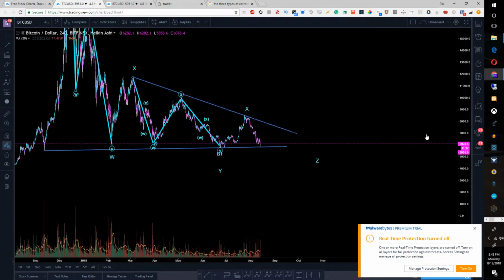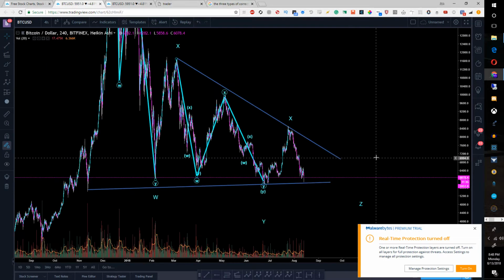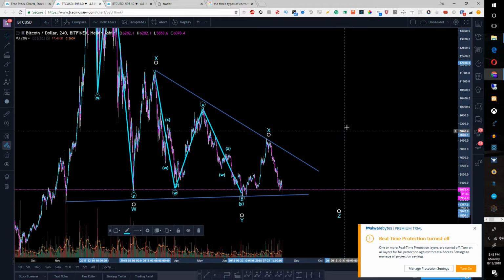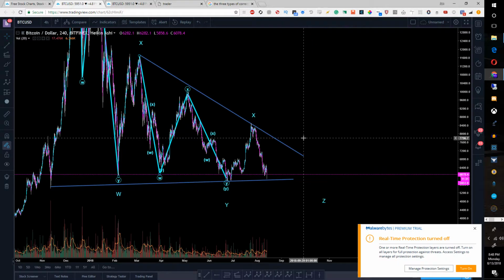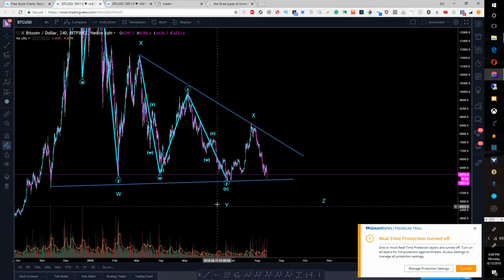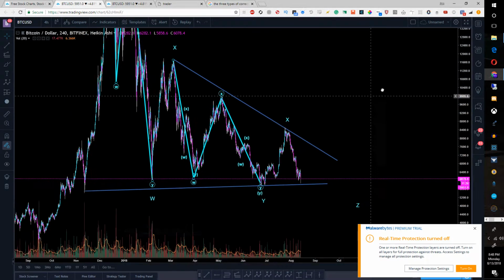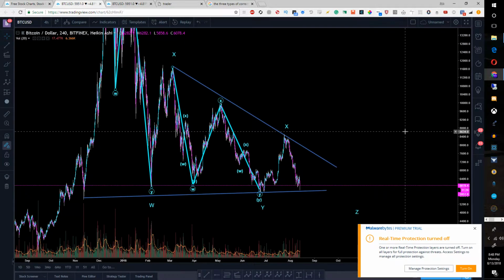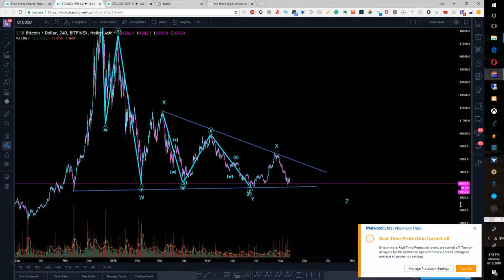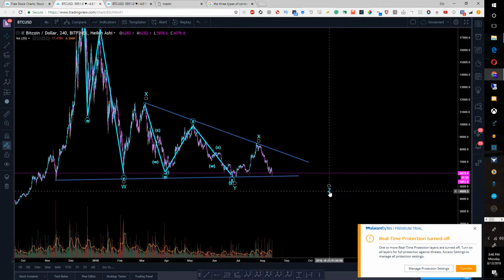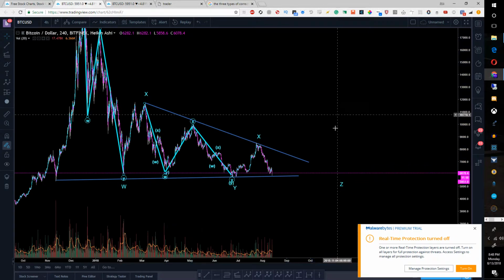So I don't know what's going to happen with Z, but I know Z is going to come, and it's ultimately going to end this corrective structure we've been having for the past, you know, whatever, 8 months. Yeah, 8 months. So that's point Z is what we're trying to get to.